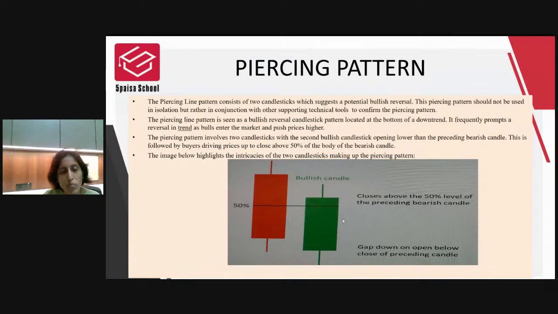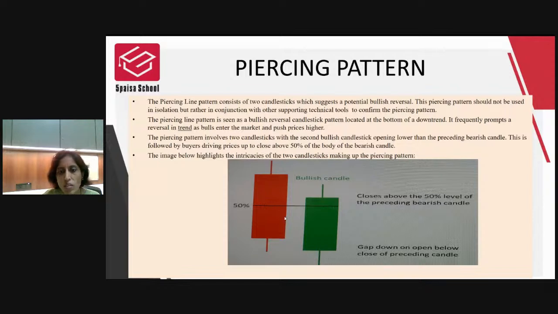The most important thing in the piercing pattern is that it involves two candlesticks, with the second bullish candlestick opening lower than the preceding candle, opening lower than the preceding bearish candle, and this is followed by buyers driving prices up to close above 50% of the body of the bearish candle.